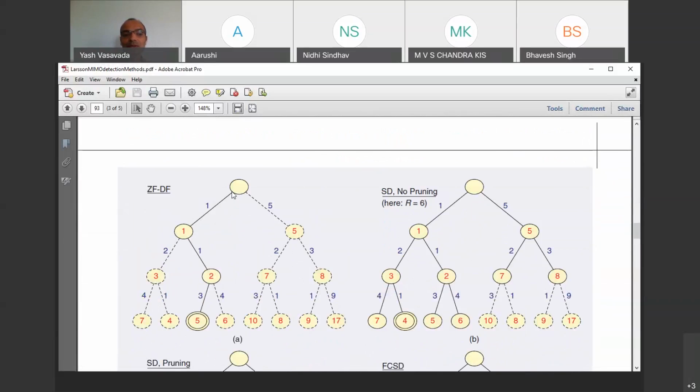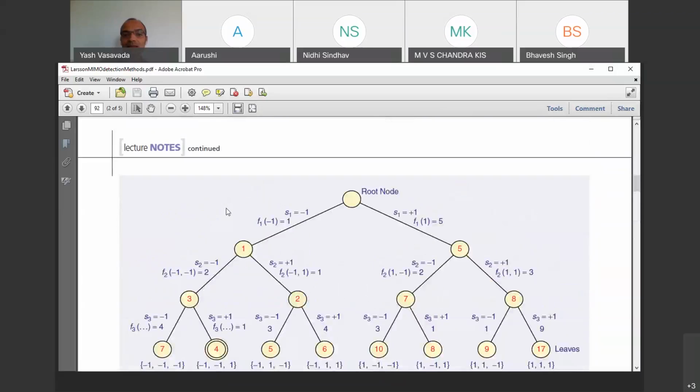So from the root, we go to the first level, and there obviously this S1 equal to -1 wins, right? Because compared to +1, -1 gives me a lower metric. And so I have decided that S1 is -1.